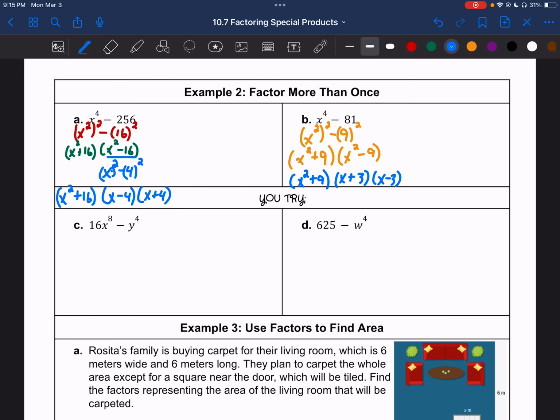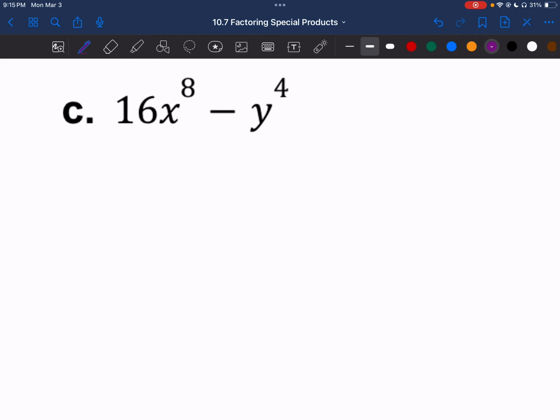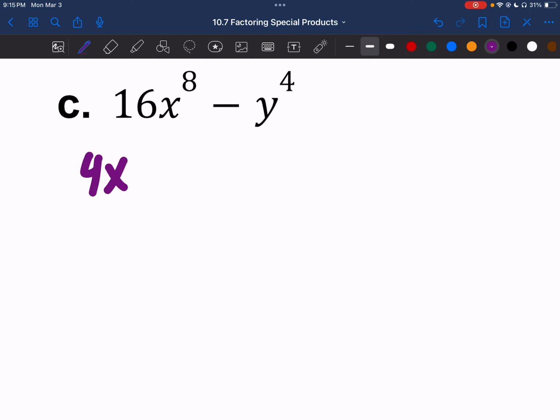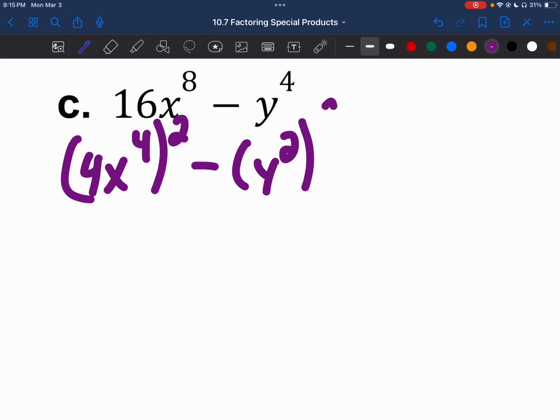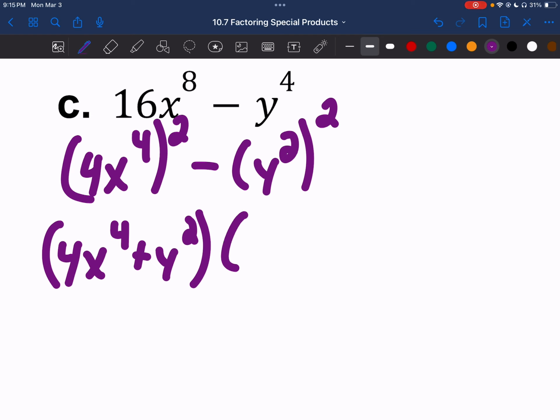Okay, letters C and D on your own, go. Letter C, we have 16x to the 8th minus y to the 4th. So when we rewrite that, that's 4x to the 4th being squared minus y squared being squared. So you have (4x to the 4th plus y squared) and (4x to the 4th minus y squared).